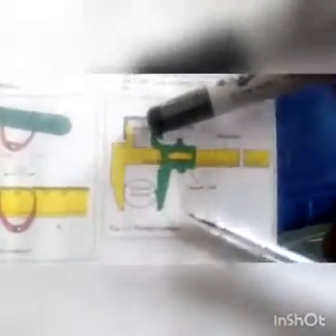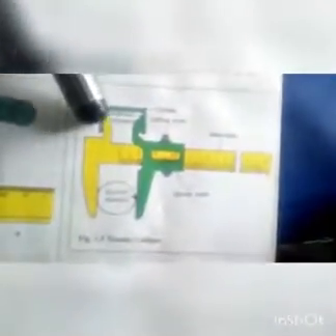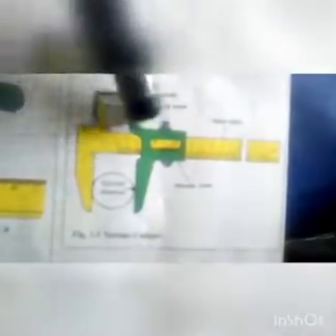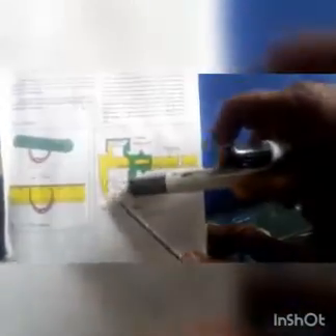Now it has two jaws, this one and this one. If you want to measure the internal dimension of a cylinder, you use this upper jaw. If you want to measure the external dimension of spherical objects or a cylinder, you use this outer jaw.